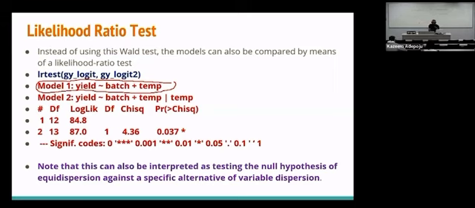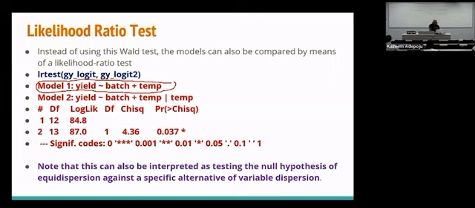But do you know what model two is trying to say? Model two is trying to say they are not actually equally dispersed. You need to further incorporate temperature, a particular predictor that will account for heteroscedasticity. In model one, you are pretending as if there's no problem at all. That was what I put here. Know that this can also be interpreted as testing the null hypothesis of equal dispersion against a specific alternative of variable dispersion.